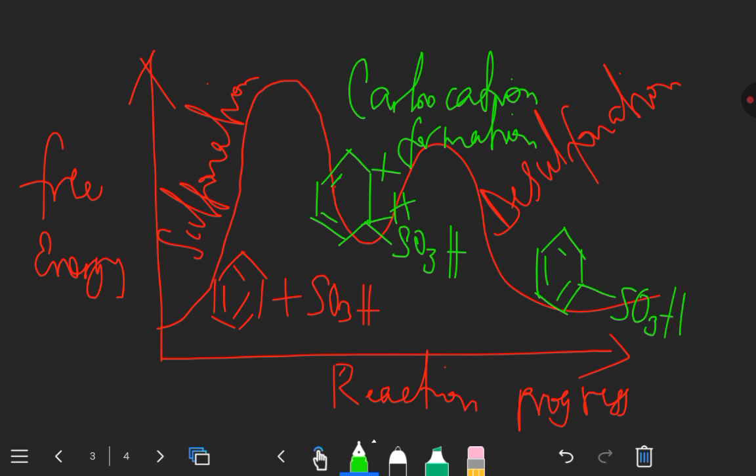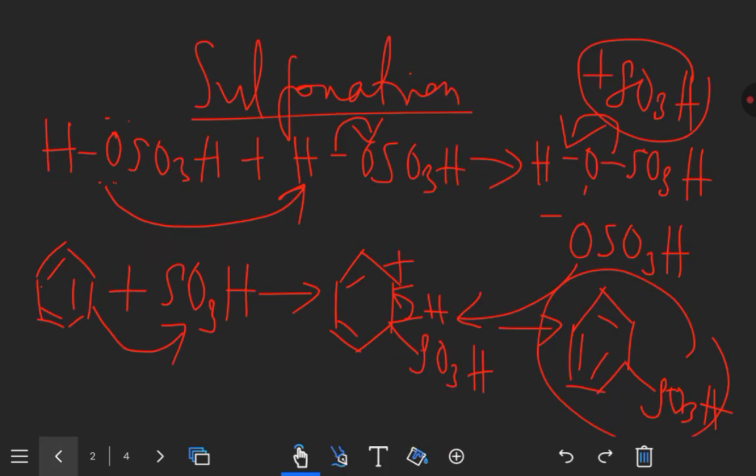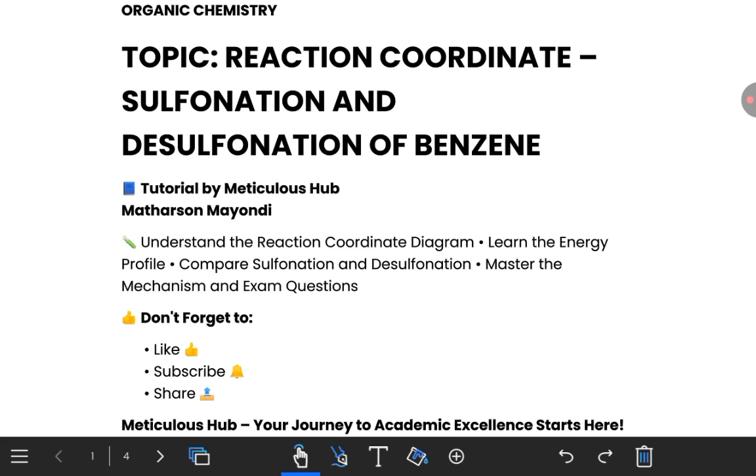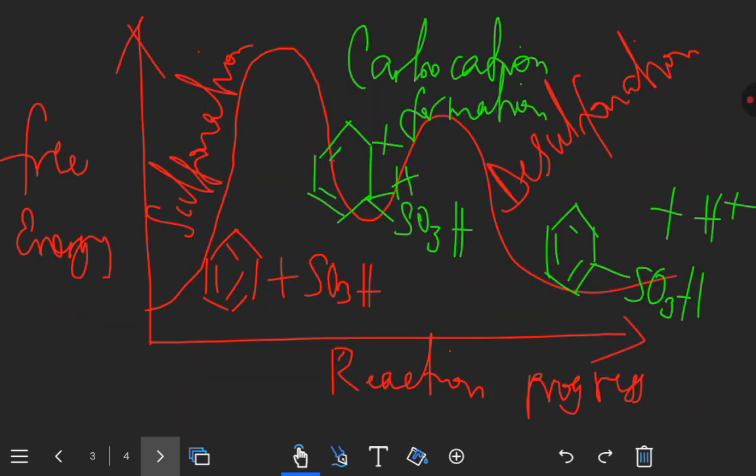Then we can even show plus the hydrogen, which is going to be protonated, since this is the sulfonation state. So this is how we draw this diagram, which we call the reaction coordinate.